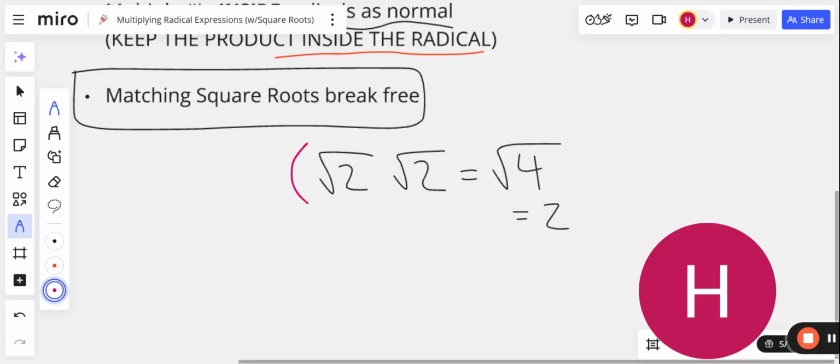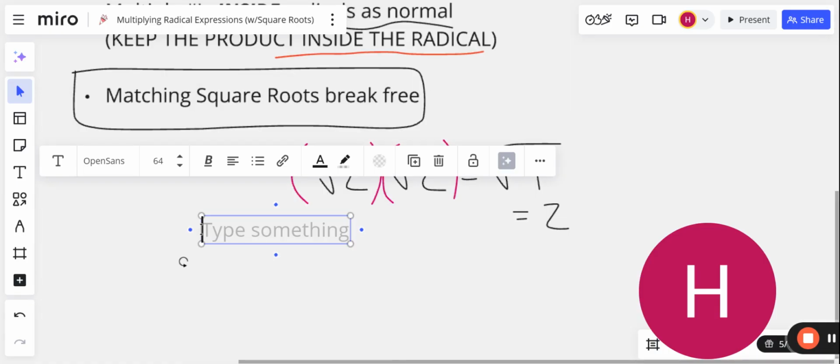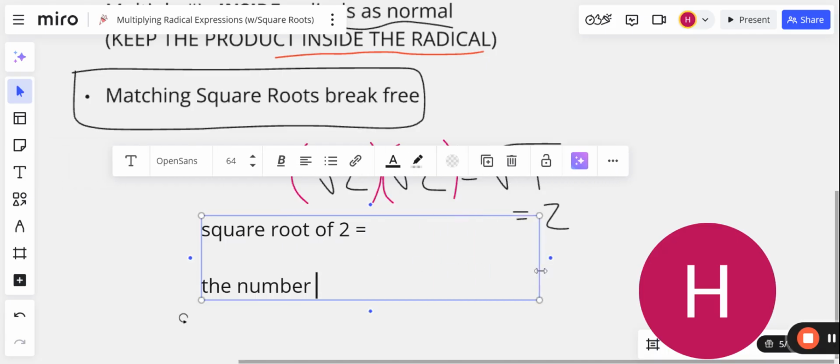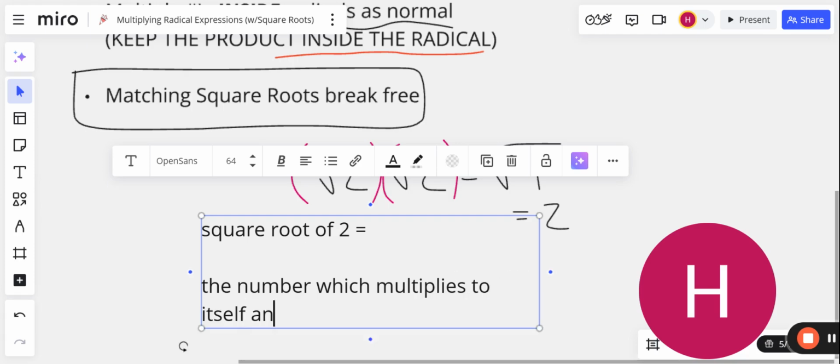And therefore, whenever we have a square root of 2, you should think of the square root of 2 as the number which multiplies to itself and makes 2.